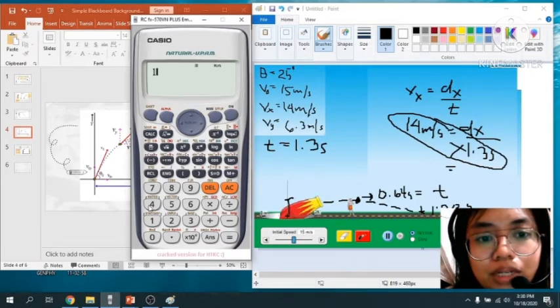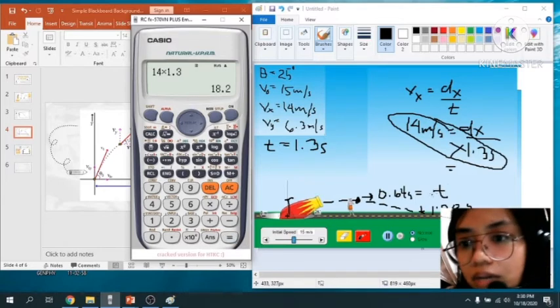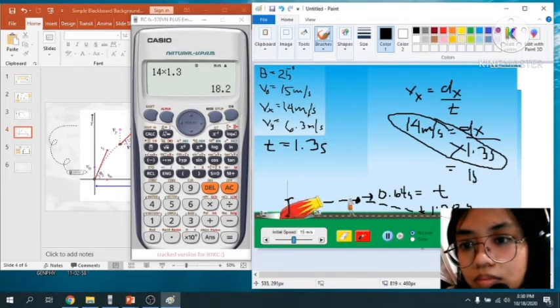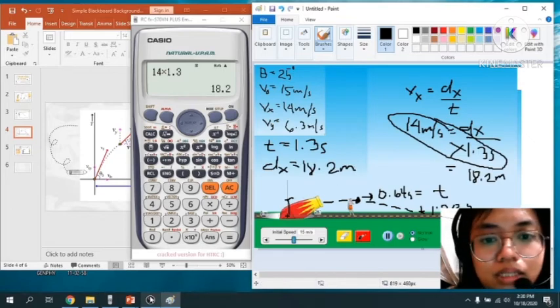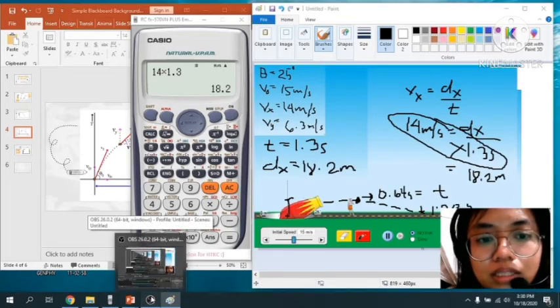Let's multiply 14 times 1.3 seconds. So 18.2. That would be the distance, 18.2 meters. We have the distance.